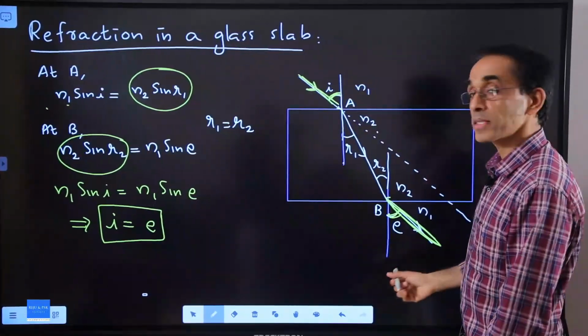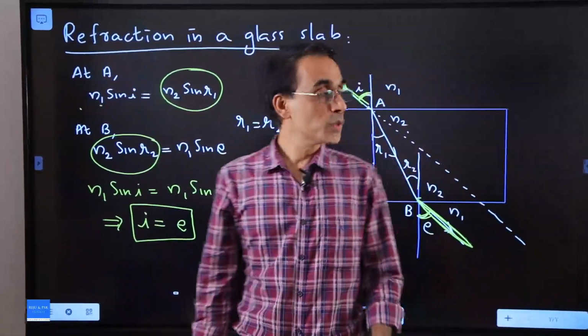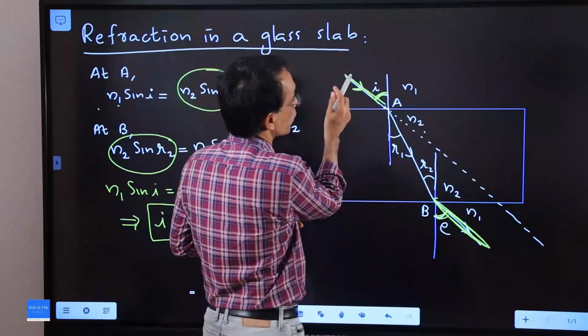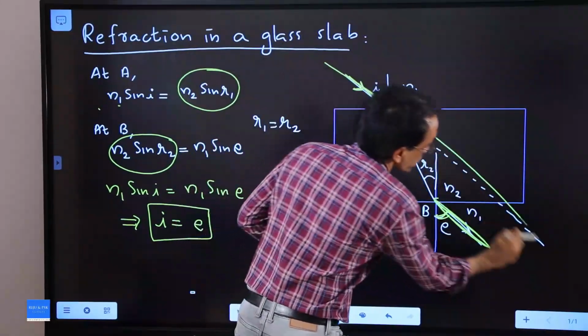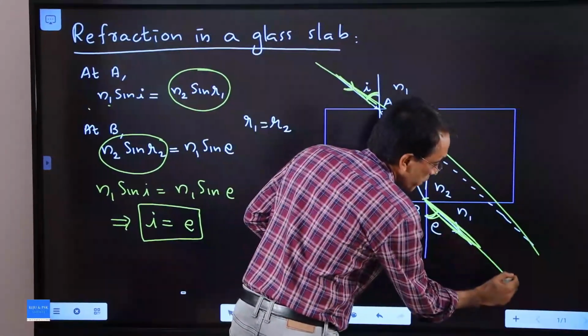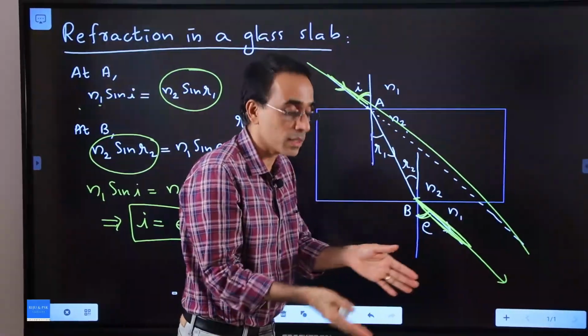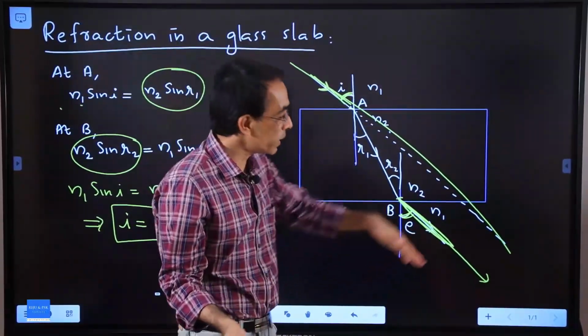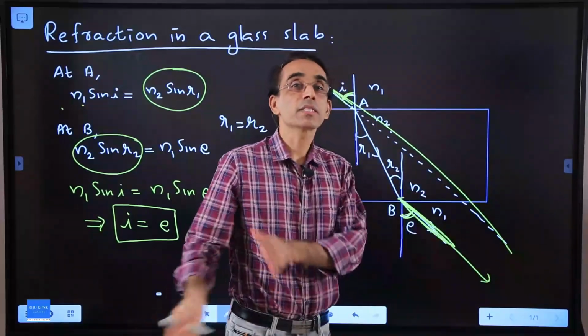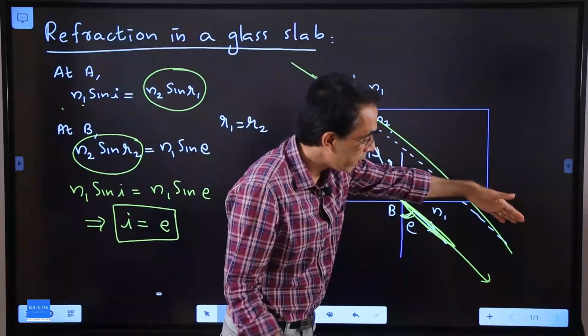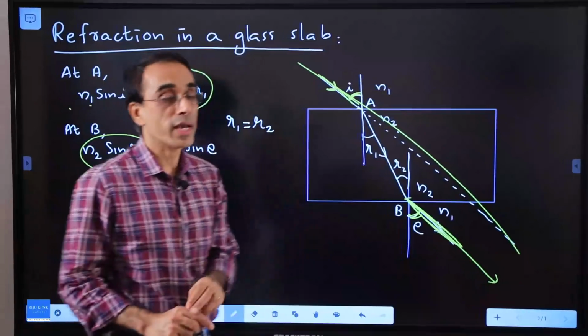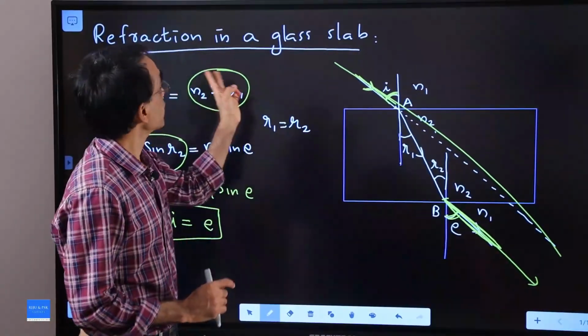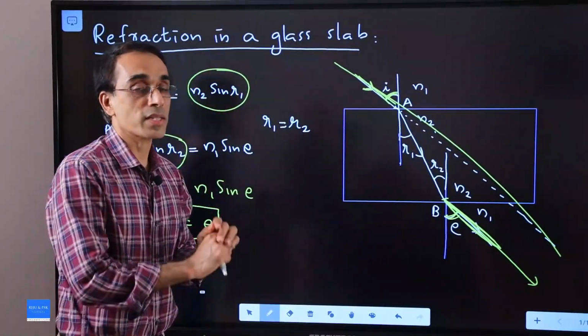So the direction of the light will not change. This light was going in this direction, and this light is also going in the same direction. There is no change in the direction, no deviation. Only a lateral displacement. Instead of going in that way, it is going in this way. There is only a lateral displacement. So this is refraction in a glass slab.